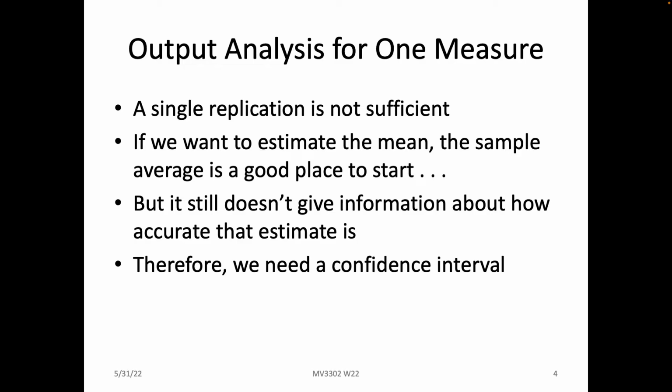We might be interested in the maximum, the standard deviation, or a quantile. There are lots of different things, and again, in our time, we're just going to focus on means and understand that's not the only thing.